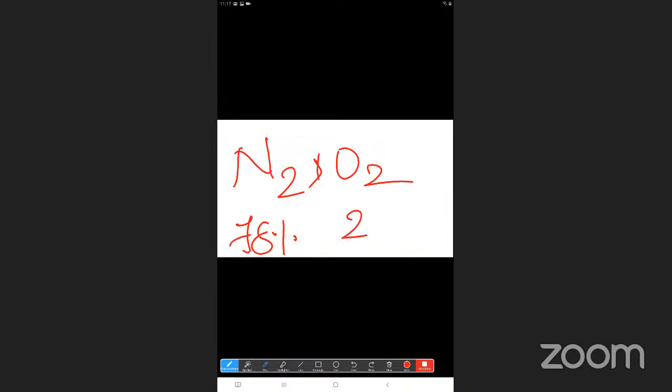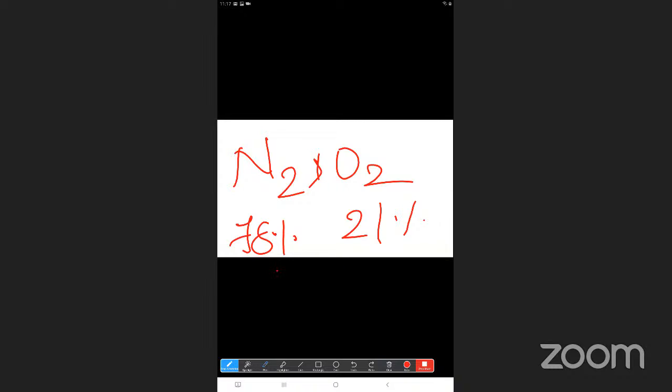So now we know the air around us. In the air, we know nitrogen and oxygen are present. These two gases are most abundant in the atmosphere. The percentage of nitrogen is 78% and oxygen is 21%. The remaining gases make up 2%.